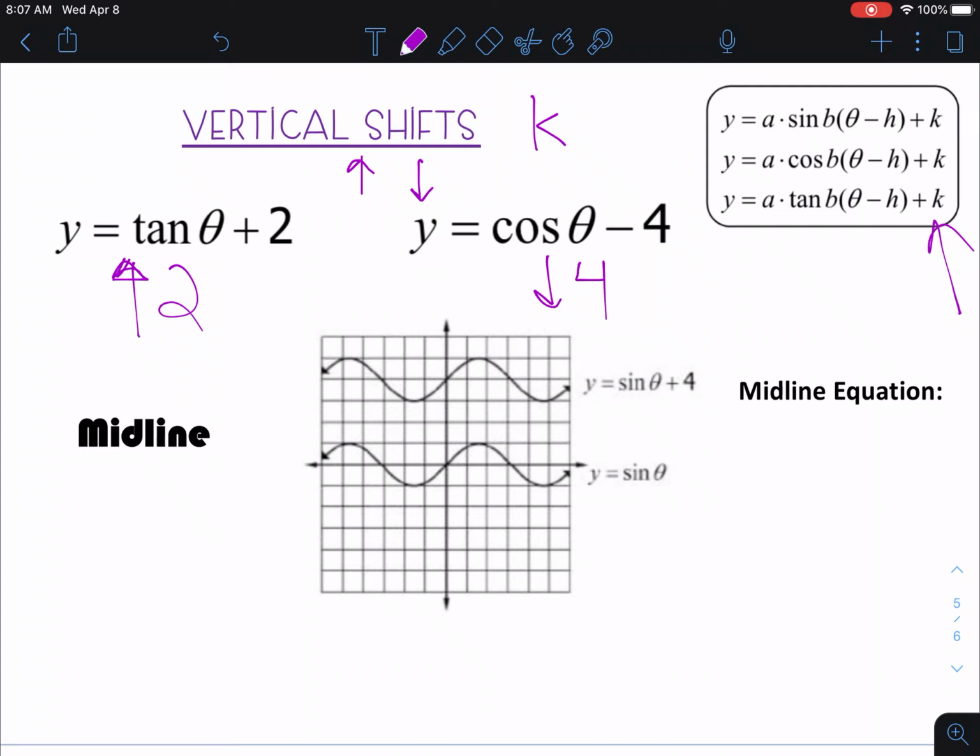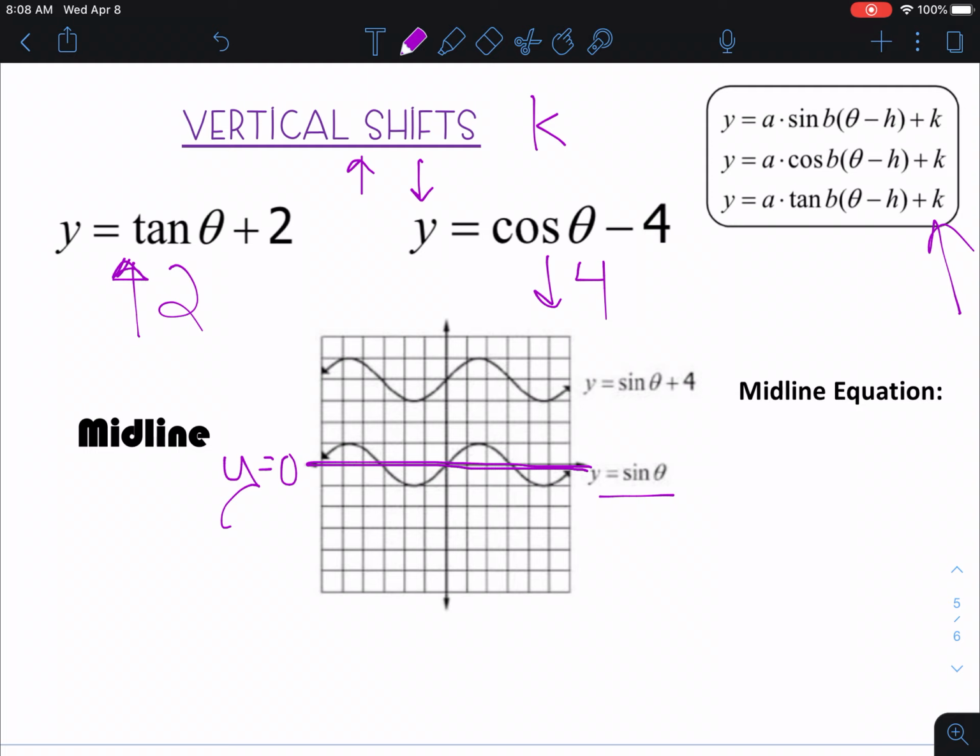That also shifts our midline. When we have a regular graph, y equals sine of theta, for example, the midline is the x-axis, because it's right in the middle of that graph. That's where the graph oscillates. The equation for the x-axis is y equals 0. Any horizontal line is y equals whatever that number is.